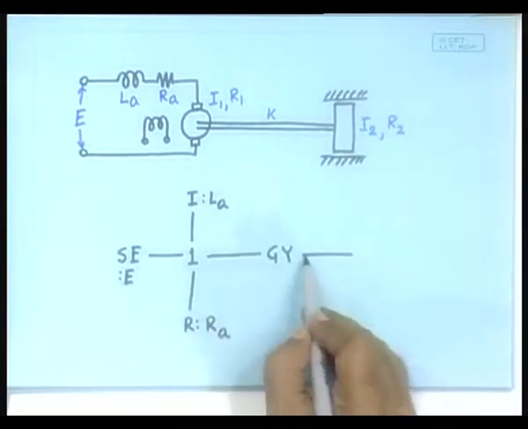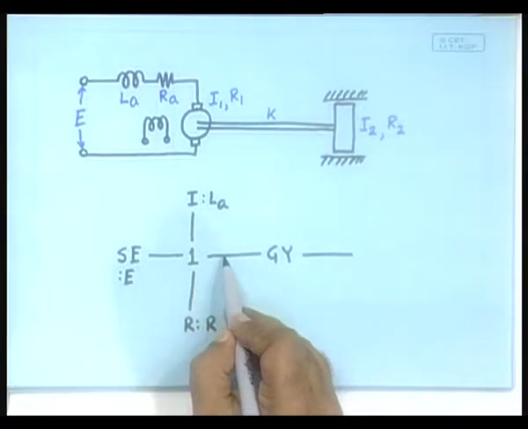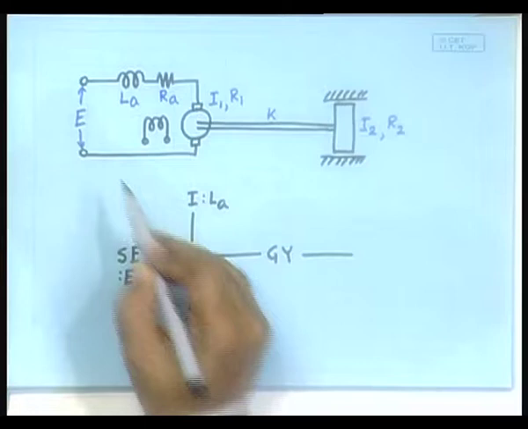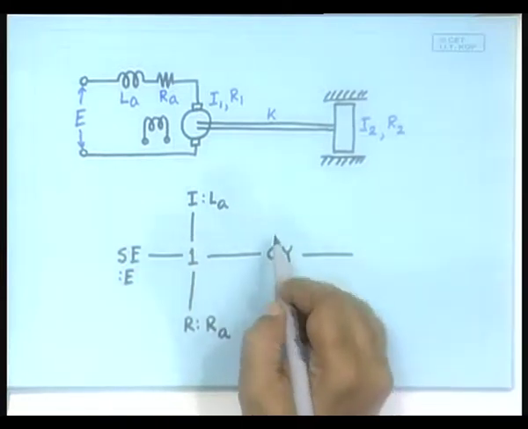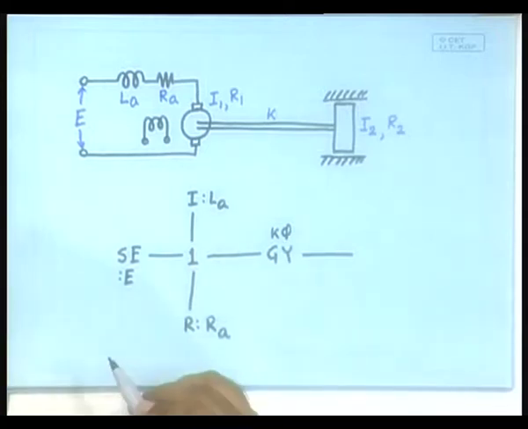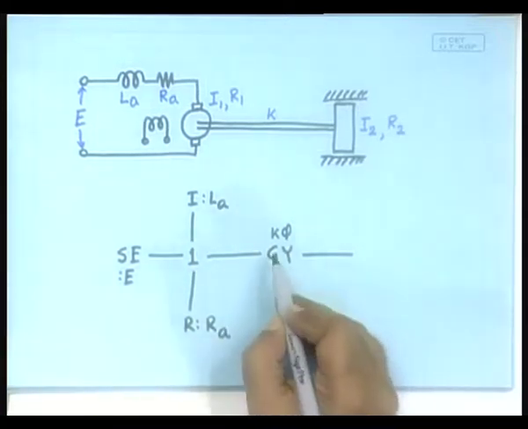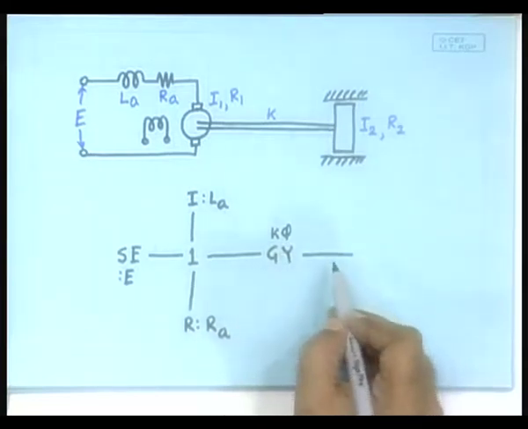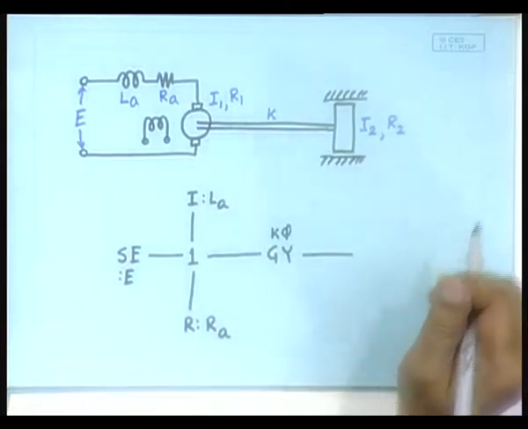And we know that T is equal to K phi IA, IA is the current flowing here. So, the transformation ratio is K phi, right, and we do not need an arrow in this case in gyrator, because in both the sides the transformation ratio happens to be the same.